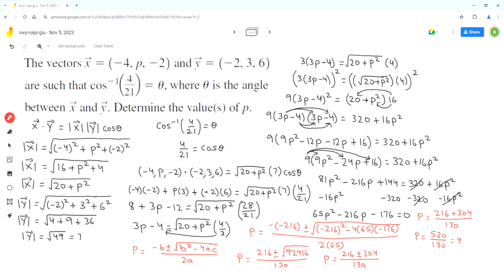Now we can analyze the second case. The 216 minus 304 is equal to negative 88.